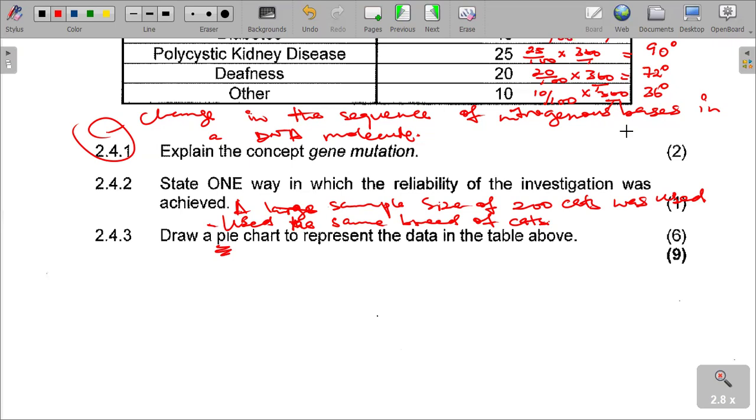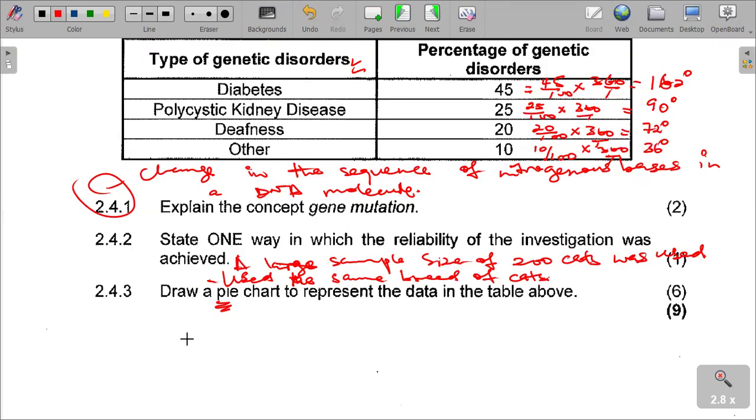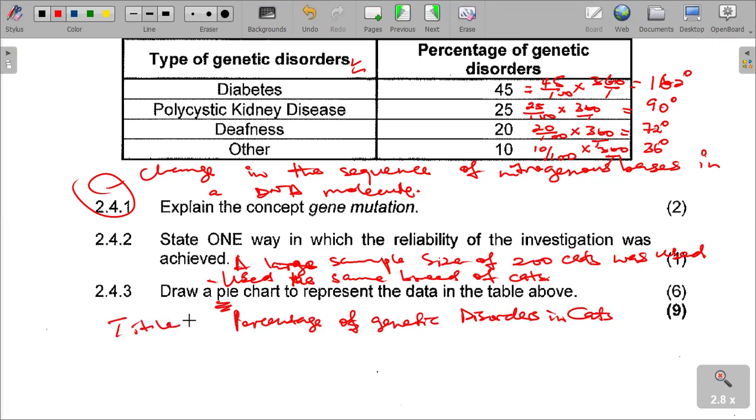When we are drawing a pie chart, there must be a title: draw a pie chart to represent the data in the table above. The title of my pie chart is percentage of genetic disorders in cats.